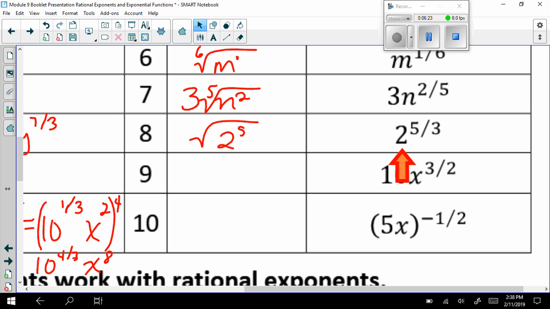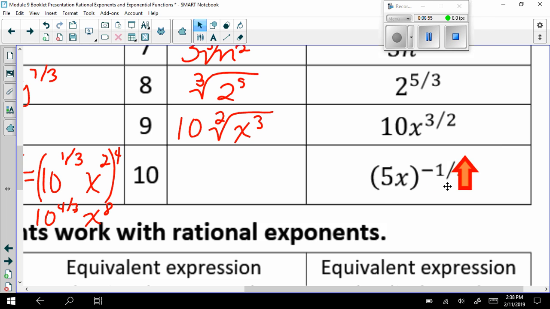Making my radical, I have an exponent of 5 and a root of 3. So the cube root of 2 to the 5th. Number 9, the 10 does not have an exponent, so it's on the outside. The x is my base, with an exponent of 3 and a root of 2. I don't need to write that 2 there. I can leave it off because when there's nothing, it's understood to be a square root.